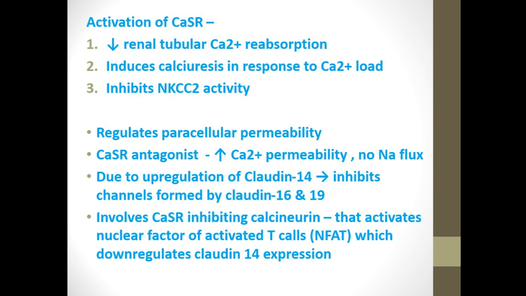Then this regulates paracellular permeability, where the permeability of the cell membrane to calcium ion is increased or regulated. And the same receptor CASR is going to act as an antagonist. Antagonist means it is acting against, opposite to something. So at that time, increased calcium ion permeability happens. At the same time, there is no sodium flux.